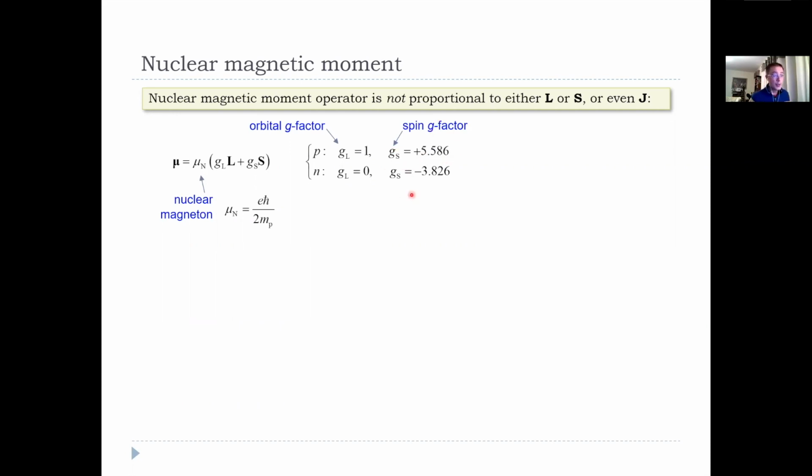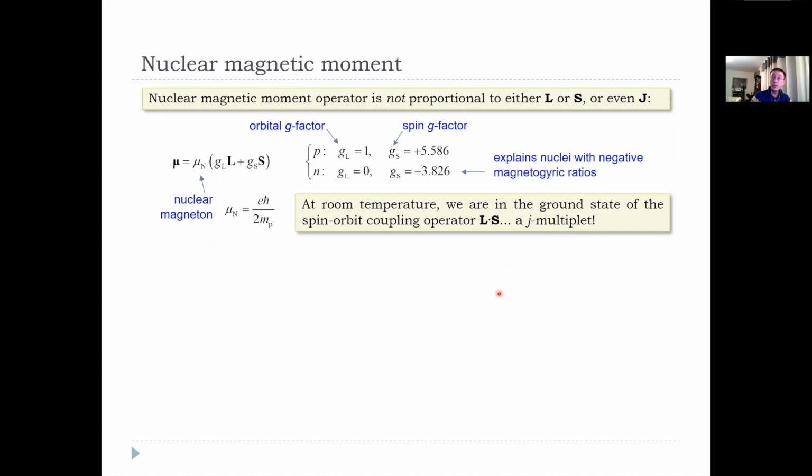I will not tell you where these come from, but look at this negative sign in here, right? So the neutron spin G factor is negative. And this is why nuclei can have negative magnetogyric ratio. Remember, we had some unpaired neutrons in some of those nuclei that we have considered. So this explains nuclei with negative magnetogyric ratios like nitrogen-15.